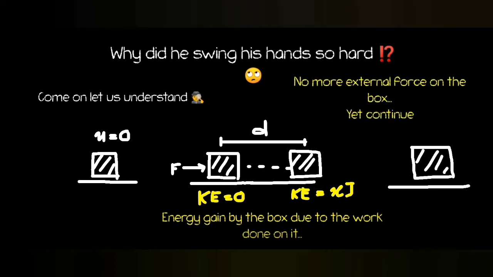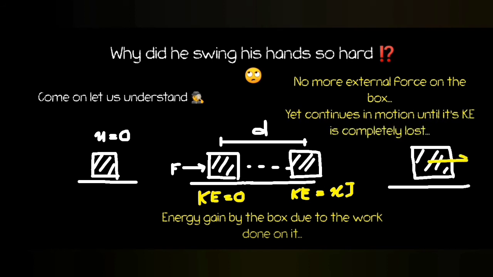Then, until the kinetic energy is totally lost, the box can continue its motion. We can give the delta kinetic energy as force into distance because that's the work done here.